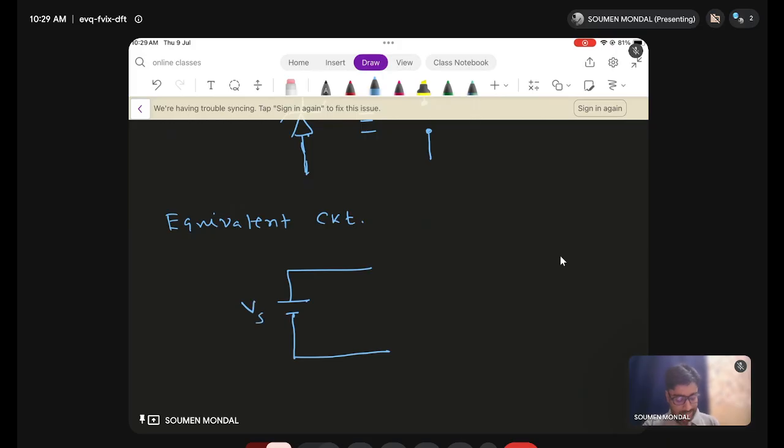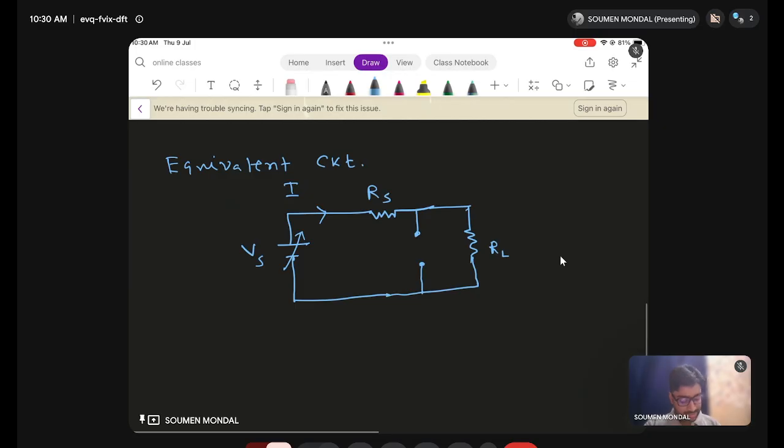Here is some Vs at the source. This is Rs. This is RL. Now instead of the Zener, since there is no breakdown, it's open. Now the current will go through both the Rs and RL, and since the resistors are in series, the same current will pass through them.